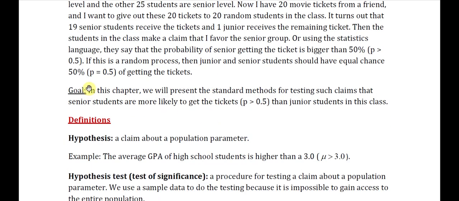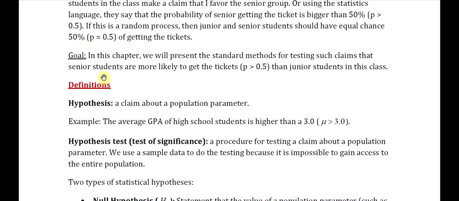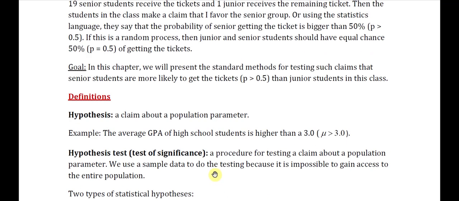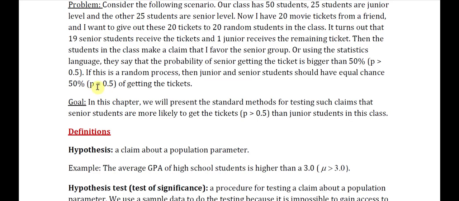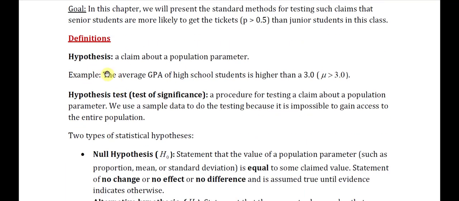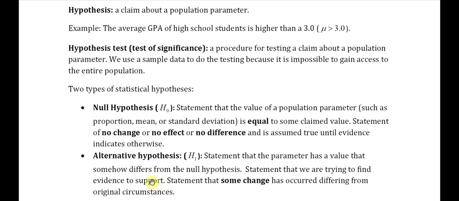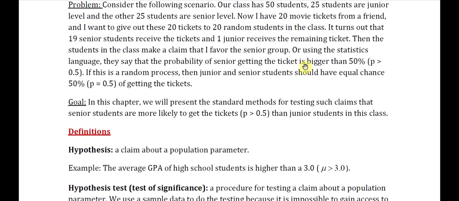That's why this is the null hypothesis, with no change, no effect, no difference. So P equals 0.5. Remember that the null hypothesis always involves the equal sign. The alternative hypothesis is that it is different from the original circumstances. In this case, P is claimed to be bigger than 0.5, so this should be the alternative hypothesis.